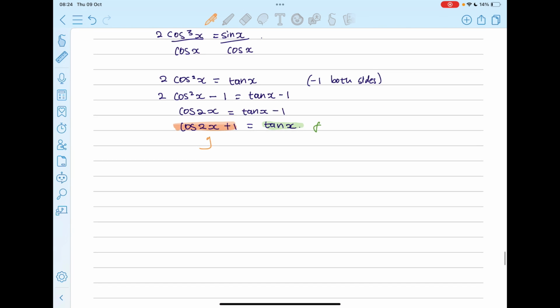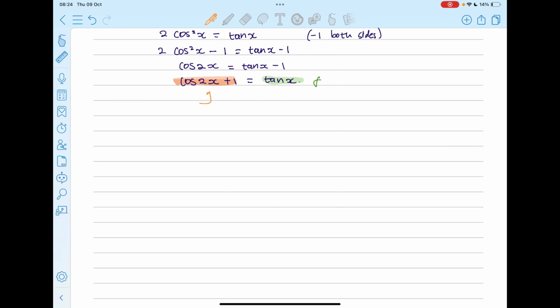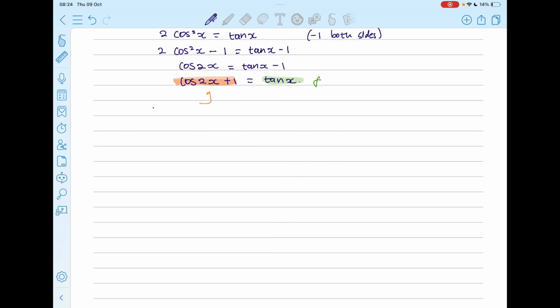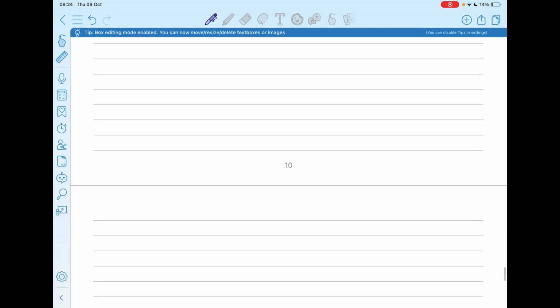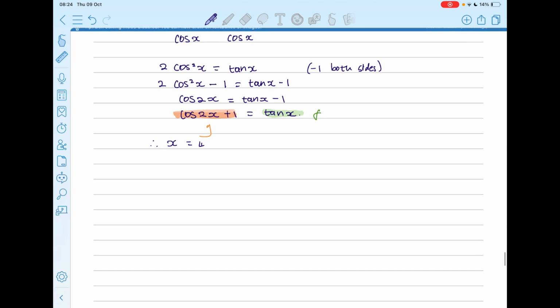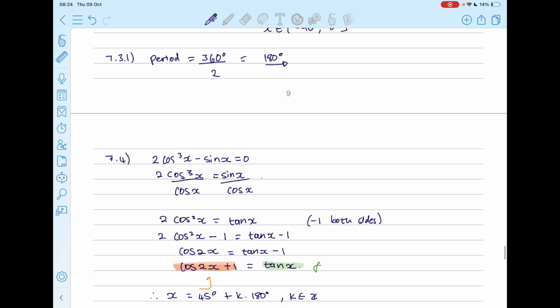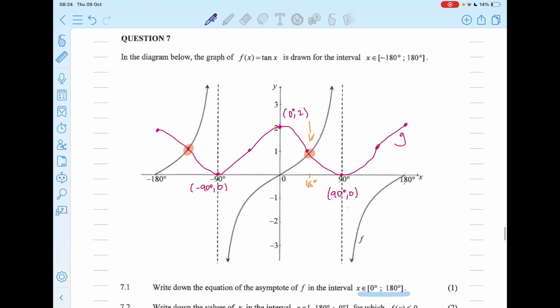That will therefore be our general solution for every 180 degrees. So x will be equal to 45 degrees plus k times 180 degrees, where k is an element of the integers, because we also see the same in the range between negative 180 and 0.